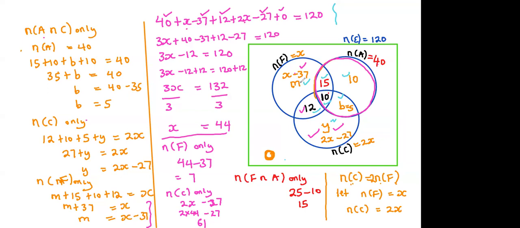So I'm going to remove that screen such that everything is going to disappear, and then we draw our new diagram. So here we have 44. Okay, so let me clear everything.